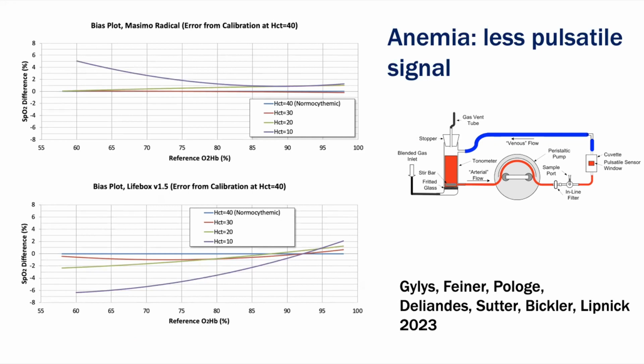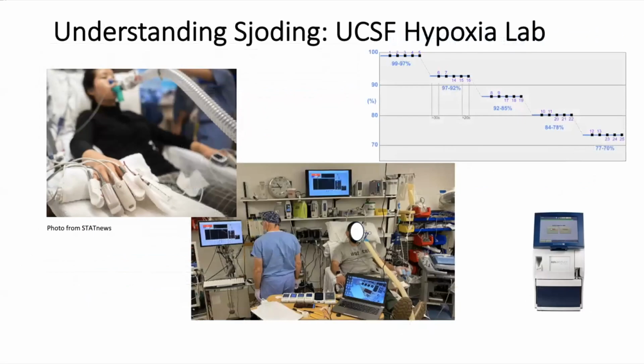And to make a long story short, the errors produced by low hemoglobin in this kind of setup show substantial variation between different devices. It's impossible to say that anemia creates a positive bias all the time, or a negative bias all the time. It's highly dependent on the device. So it's very difficult to make any overarching conclusions about low signal situations.